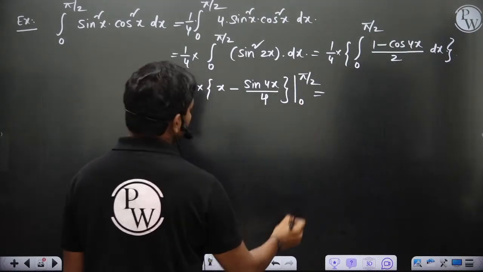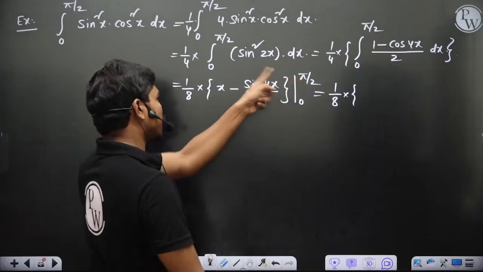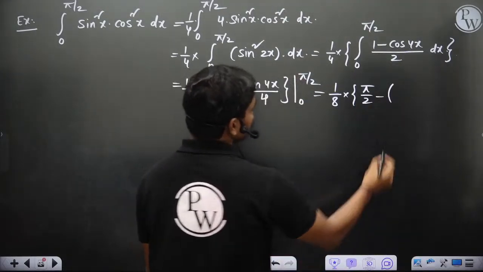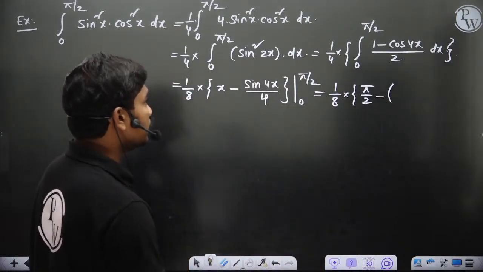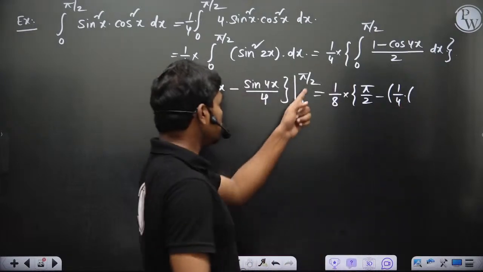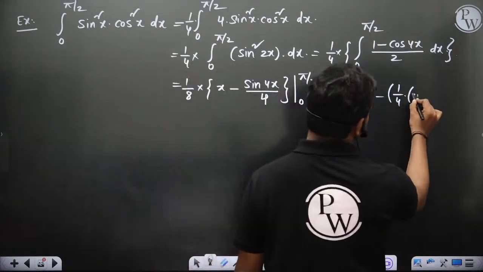Okay, so sine 4x by 4 within the limits 0 to pi by 2. So if you substitute these values, 1 by 8 times of, pi by 2 minus 0 is pi by 2, minus 1 by 4 into sine 4x. If you replace pi by 2 here, it becomes sine 2 pi, so sine 2 pi is 0, and when you put 0, that's also 0.